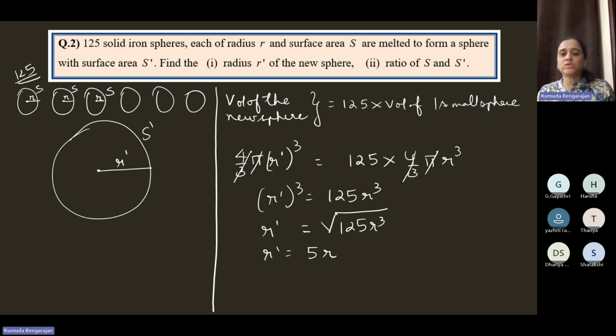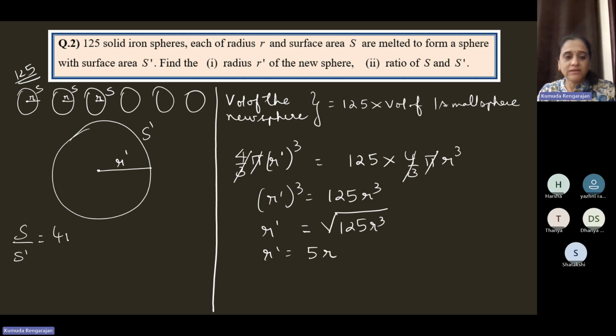Now we need to find the ratio S to S dash. S by S dash is equal to, how do you find S? S is the surface area of the small sphere, so 4 pi r square. What is S dash?